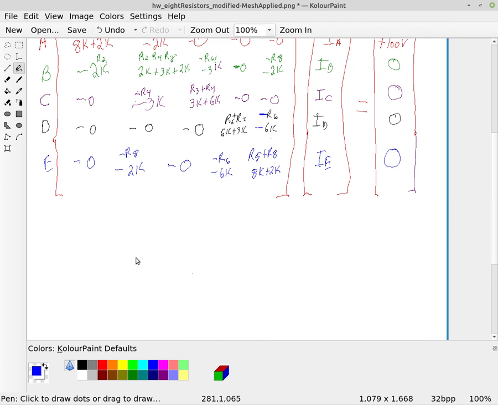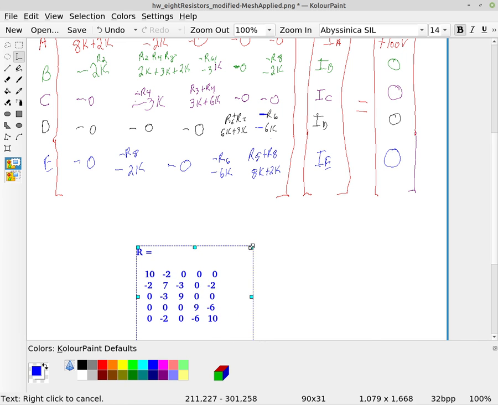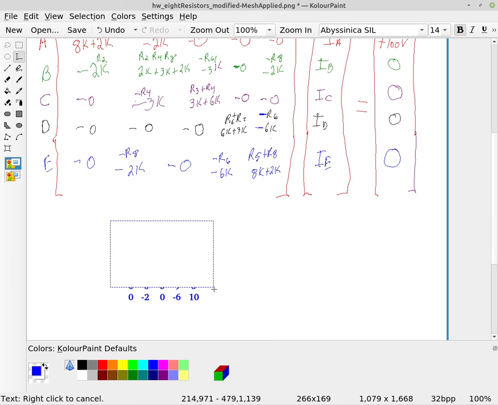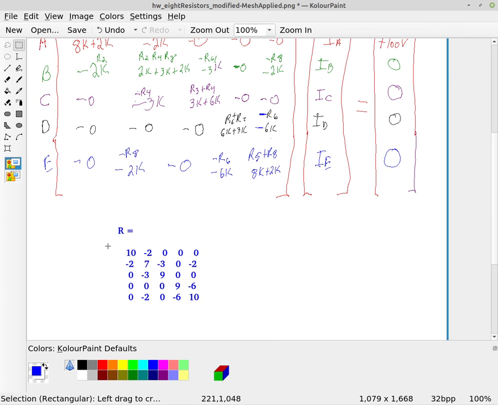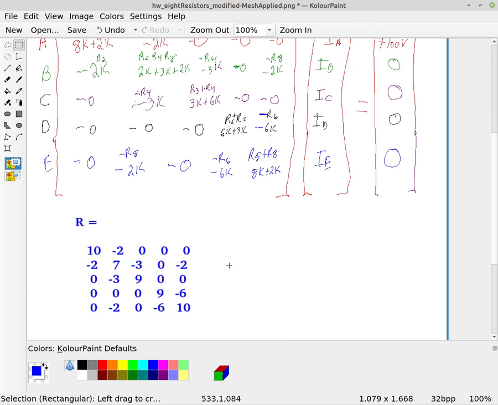And I'm going to paste that matrix over here for a minute so we can kind of look at this matrix here. And the interesting thing about this matrix is the fact that it needs to be symmetric around the diagonal.